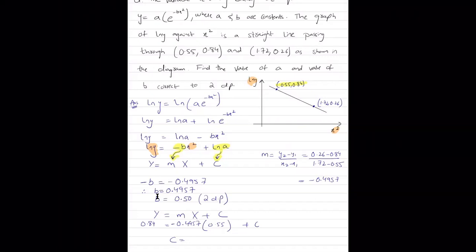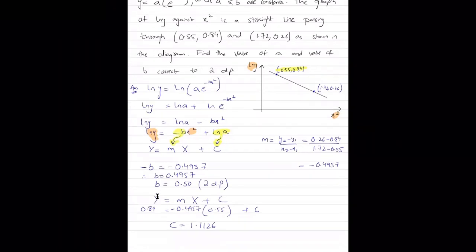Yeah, so that's what I'm getting. Oh, this should be added over there, that's what I did wrong. I'm getting 1.1126. So this is the value of c, which was equal to ln A.